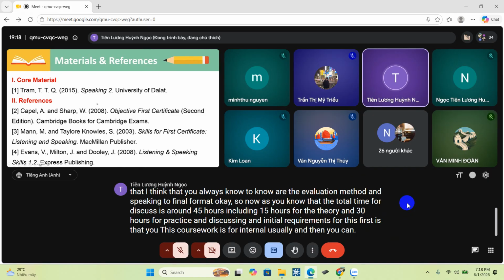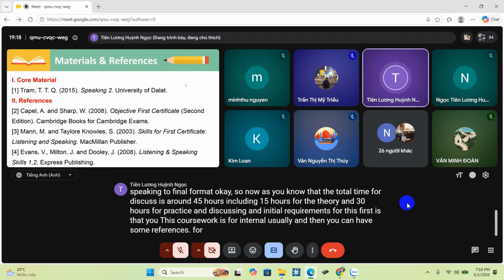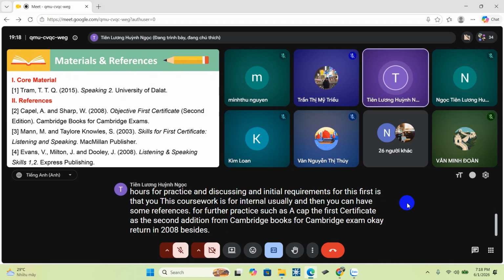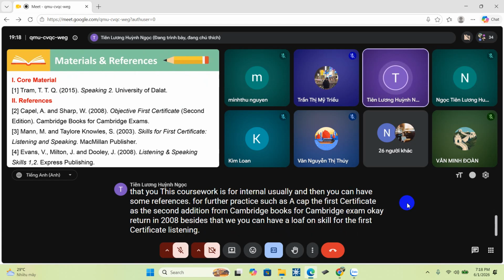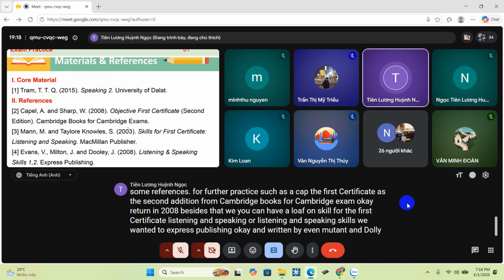Then you can have some references for further practice, such as Alternative First Certificate, second edition, from the Cambridge books for Cambridge exams, written in 2008. Besides that, you can have a look at Skills for the First Certificate, Listening and Speaking, or Listening and Speaking Skills One or Two, Express Publishing, written by Evan, Milton and Dolly.